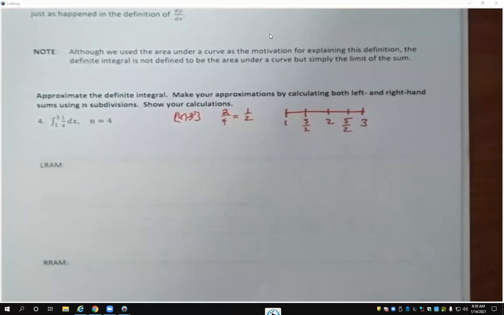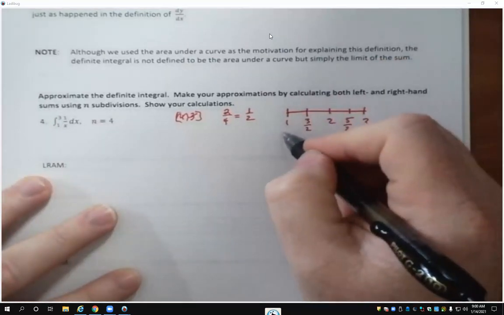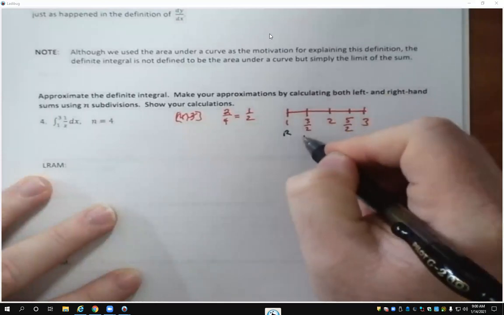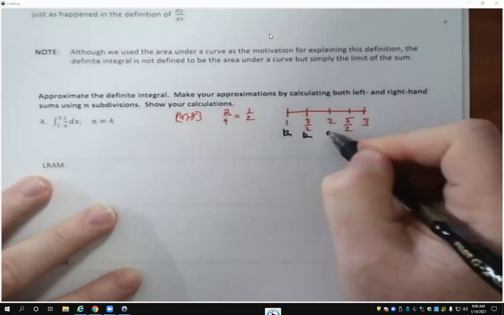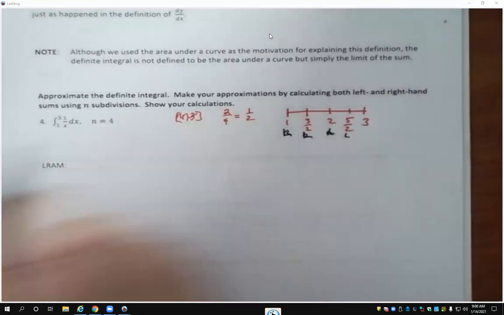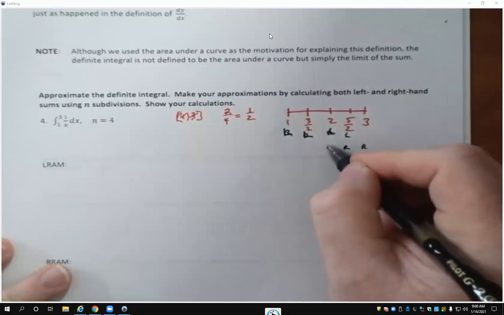Hopefully none of you are thinking 1.5 and 2.5, because we probably want to stick with fractions, especially with the function we have. So here are my 4 values for LRAM, and then my 4 values for RRAM.